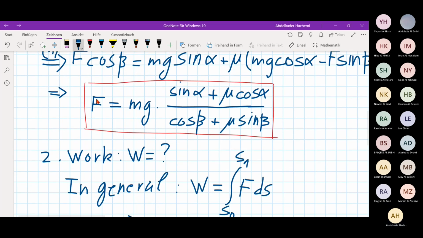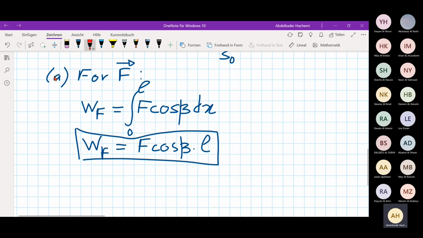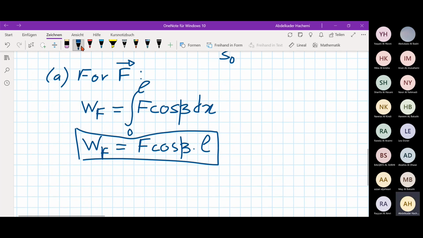I write here, let's say, equation 3, and F is defined here by equation 3.